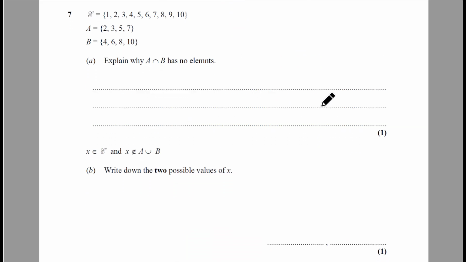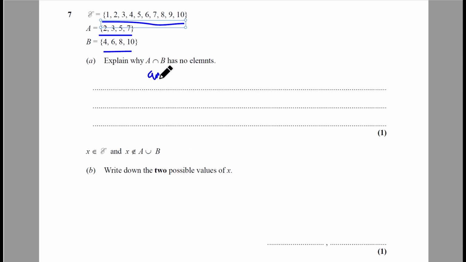Question 7, this is sets, and this means elements. So all these numbers are in this group, and the set A is here, has these numbers, and set B has those numbers. So explain why A intersection B, that means A and B, has no elements.